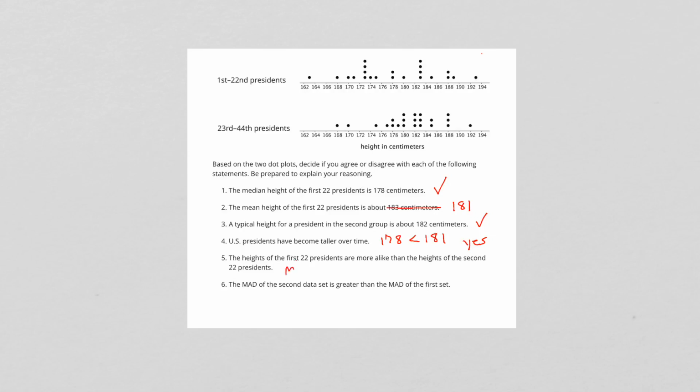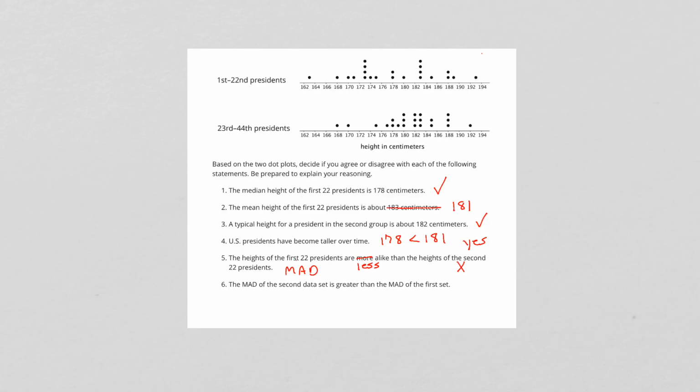And then we compared our mean absolute deviation here to find that the heights of the first 22 presidents are less alike than the heights of the second 22 presidents. So this one we said was not true. Okay, here it asks us specifically, the MAD of the second data set is greater than the MAD of the first set.